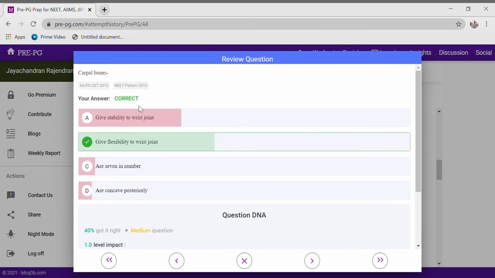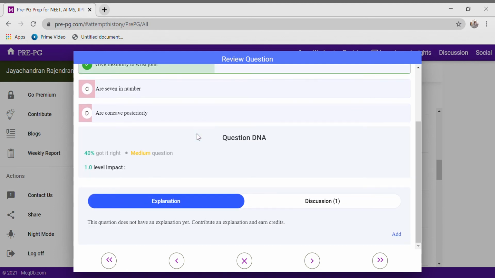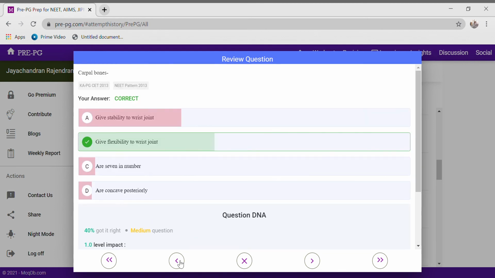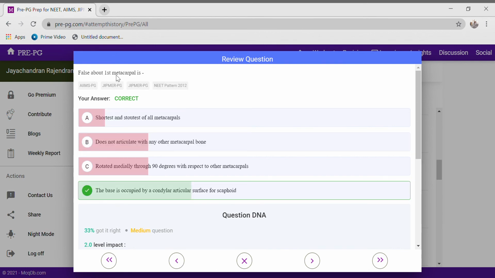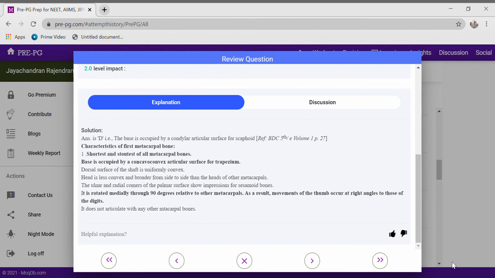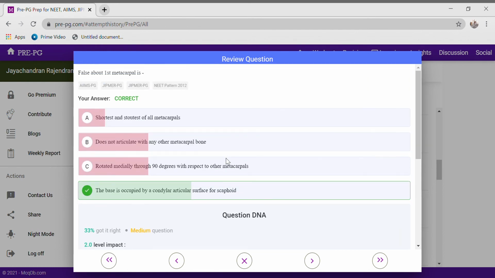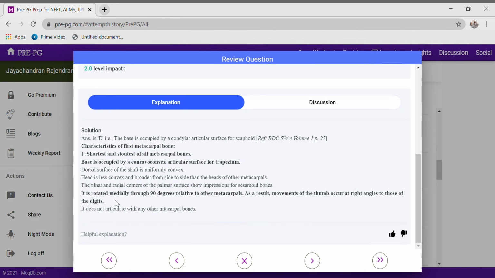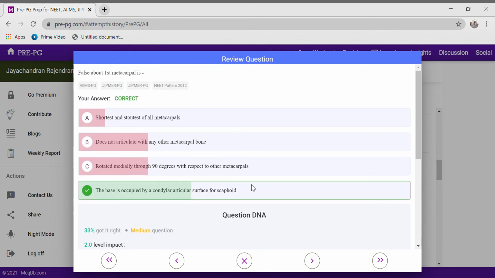Carpal bones give flexibility to the wrist joint, not stability, and are 7 in number. Now you should know about the first metacarpal. It's the shortest and stoutest of all metacarpal bones. The first metacarpal is your thumb. The base has a concave articular surface for the trapezium, not the scaphoid.